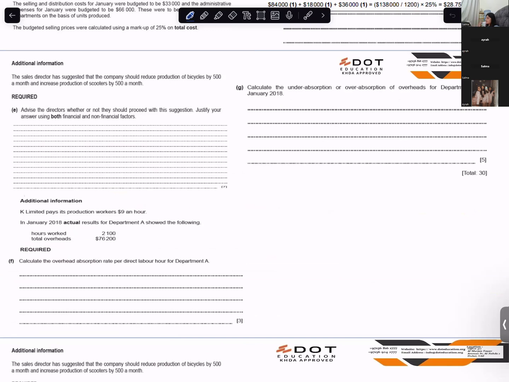If actual minus overheads absorbed is positive, then you have under absorbed. If it is negative, then you have over absorbed.